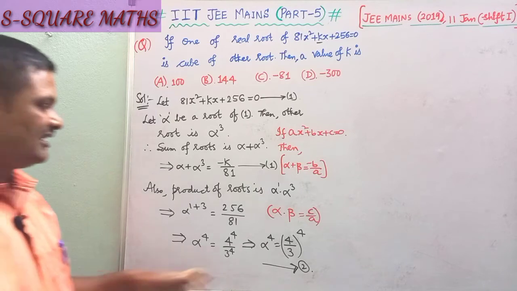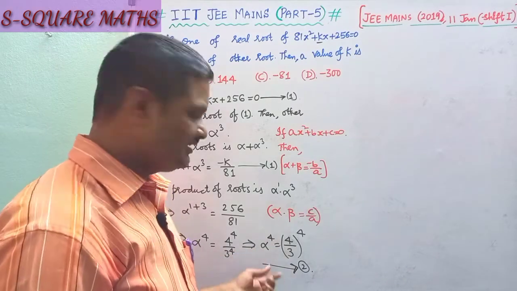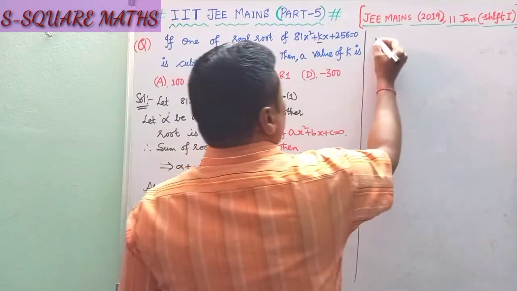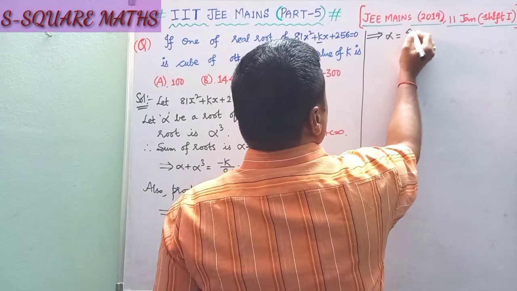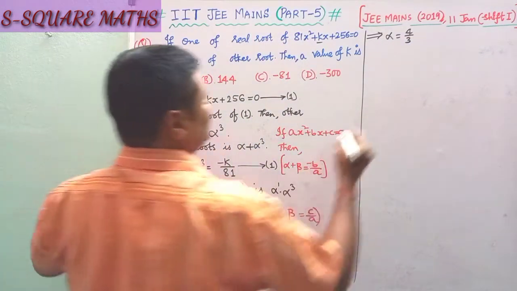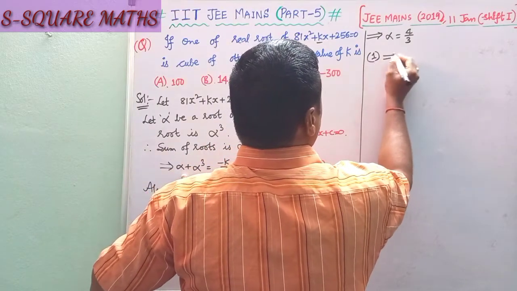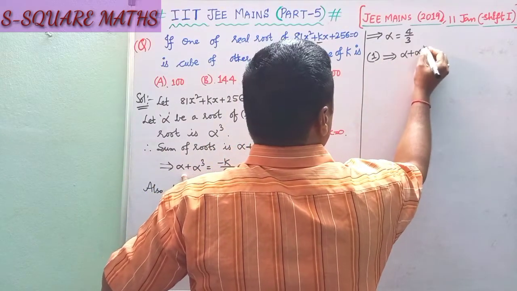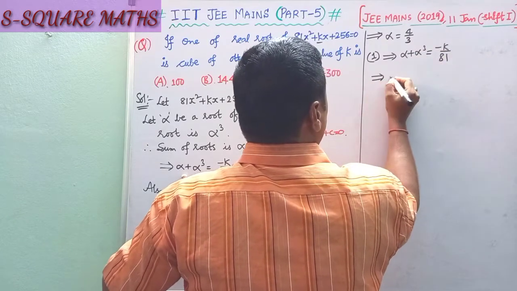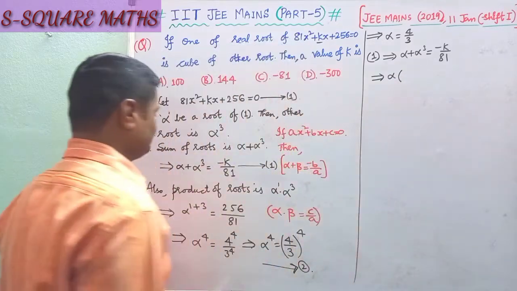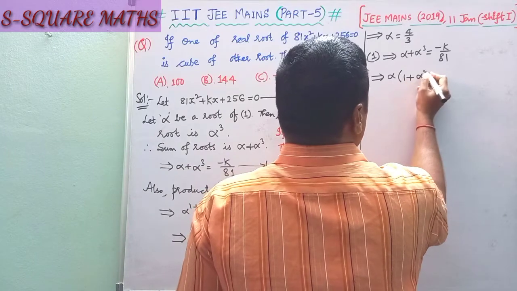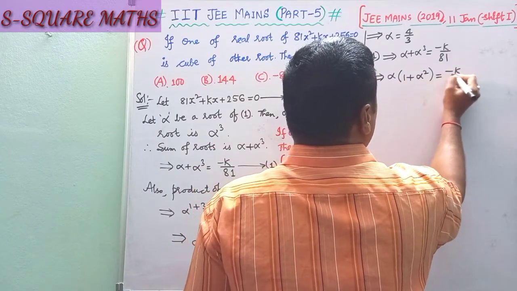From this I get alpha is equal to 4 by 3, since the exponents are the same, so the bases are also the same. Now equation 1 gives alpha plus alpha cube is equal to minus k by 81, so I can take alpha common. Alpha into 1 plus alpha square is equal to minus k by 81.